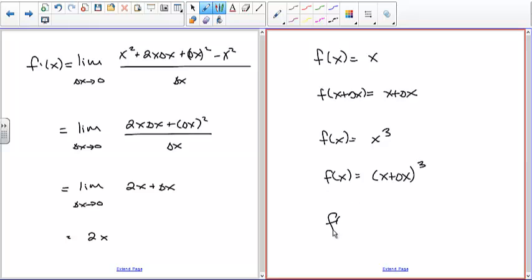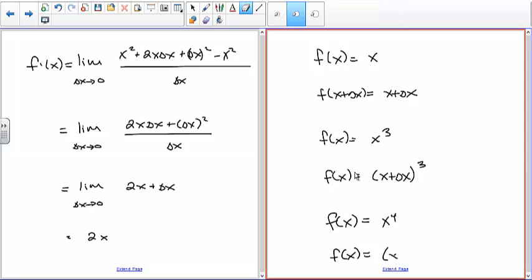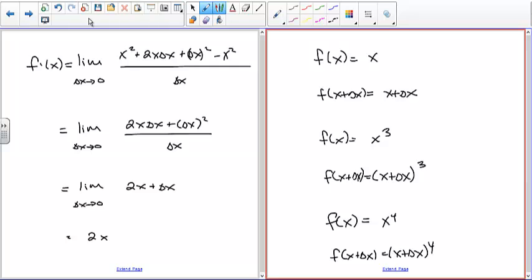If you had f of x equals x to the fourth, sorry, got to put my plus delta x in here, forgot that. So f of x plus delta x is x plus delta x to the fourth power.